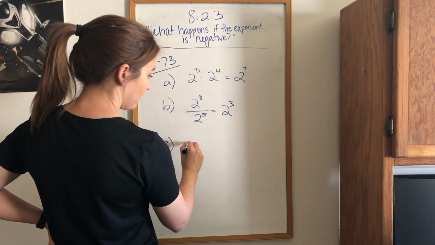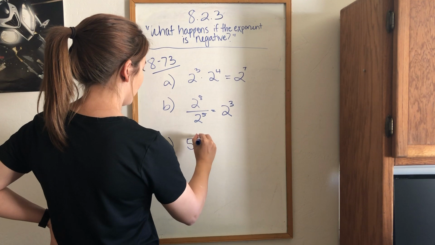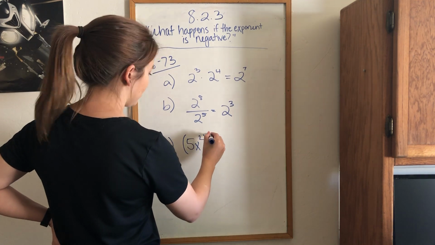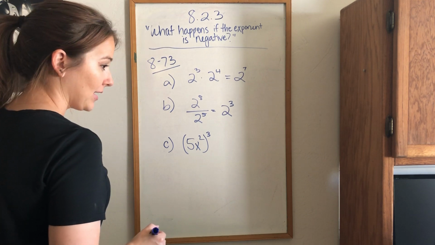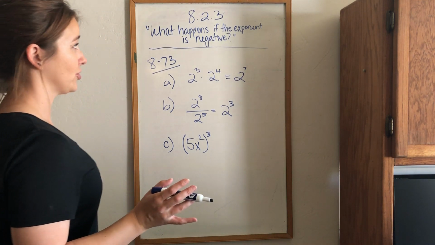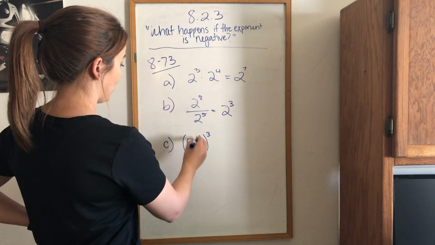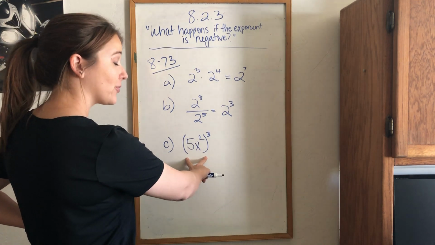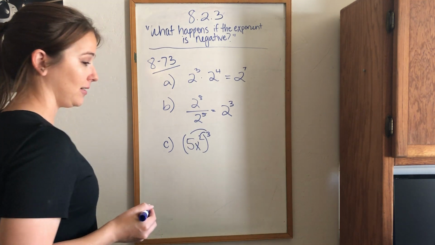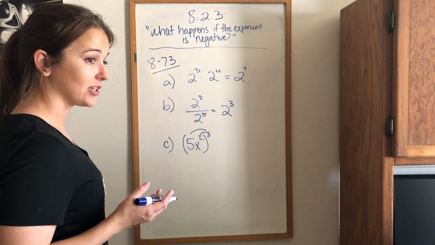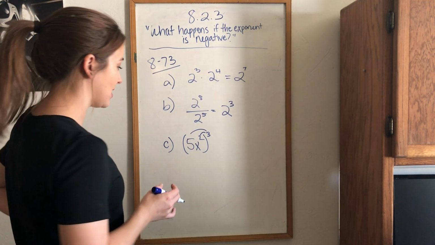So look at this one, 5x squared, parentheses, to the third power. Now everything inside, which you should have seen in the last lesson, when there's parentheses, everything inside has to be attached to the exponent. The exponent affects everything inside.